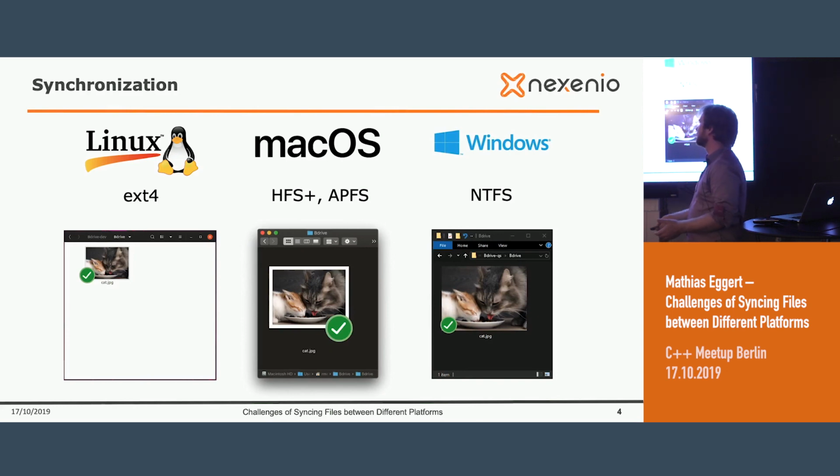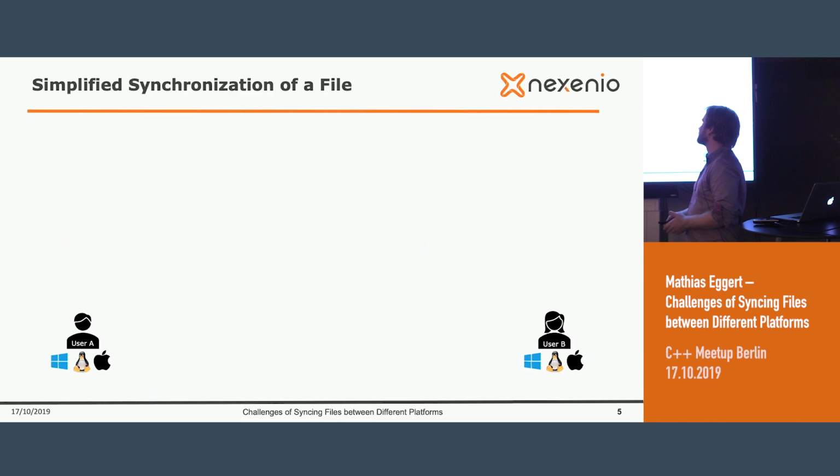How does this work? I will give you a simplified workflow. At the beginning, we have two users. All of them could use these three different platforms. The synchronization engine creates a local database on the local file system.